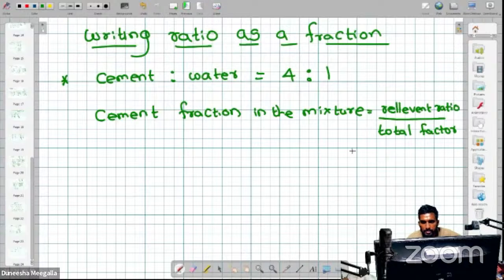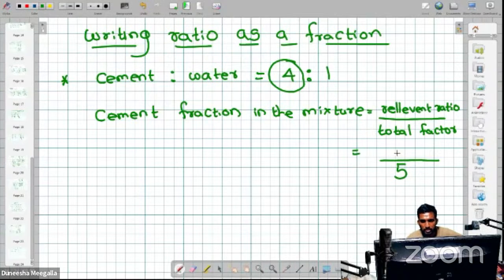What is the total? The total is the sum of these two. 4 and 1 make 5. Then the relevant ratio for cement is 4.